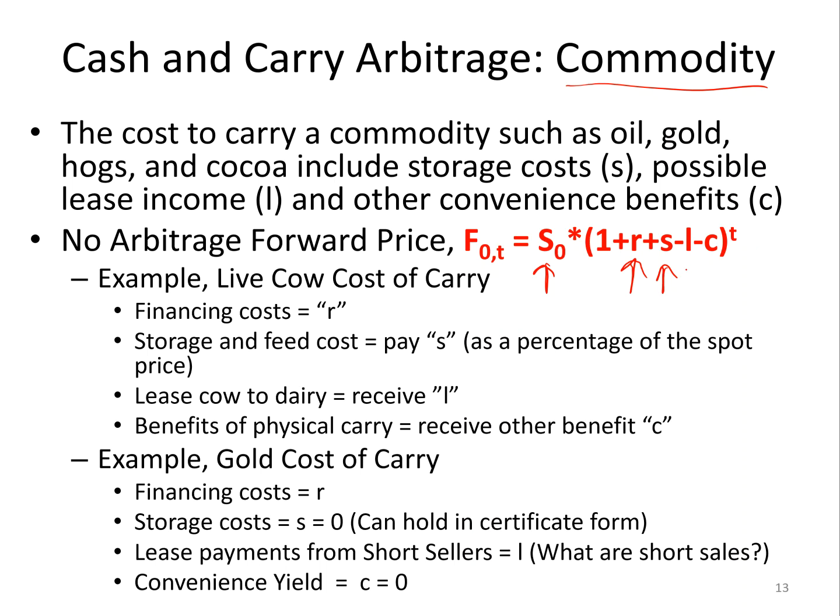However, what if I could lease the commodity? Now, for a hog, you're probably not going to lease it, but for some commodities like gold, you could lease it out to short sellers. Also, if I'm holding a commodity, there may be some benefit that I could calculate for having physical ownership of the asset.